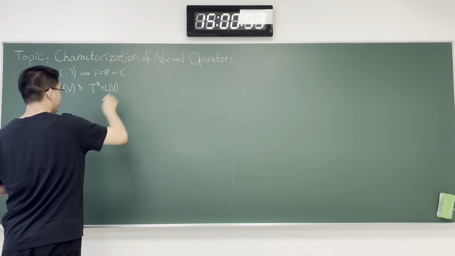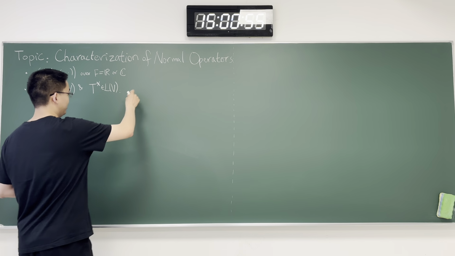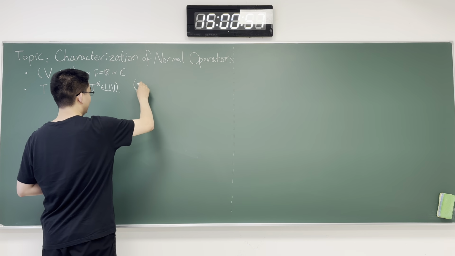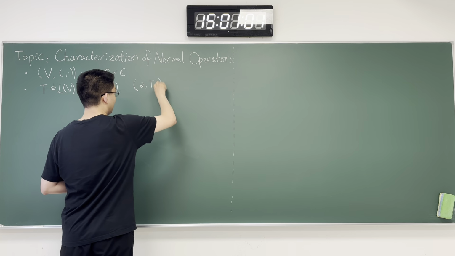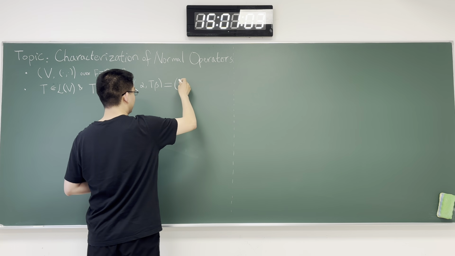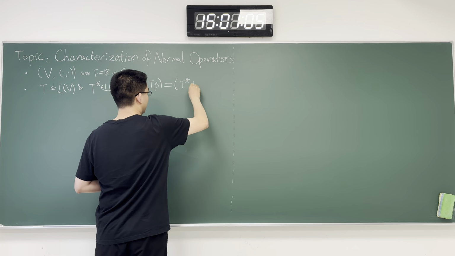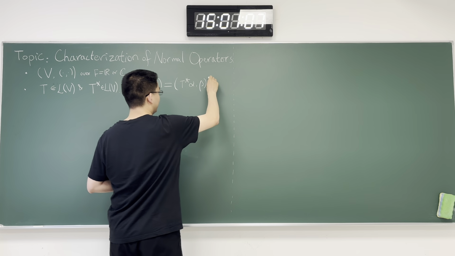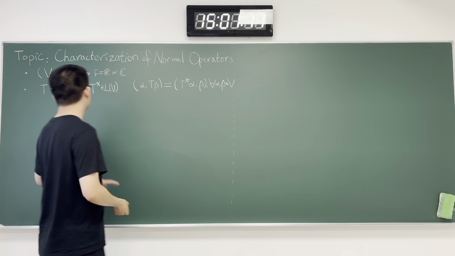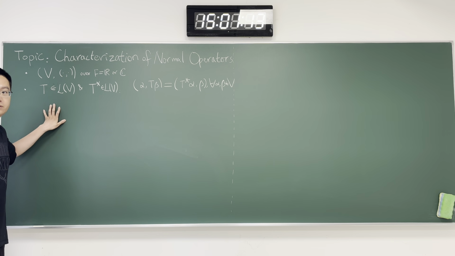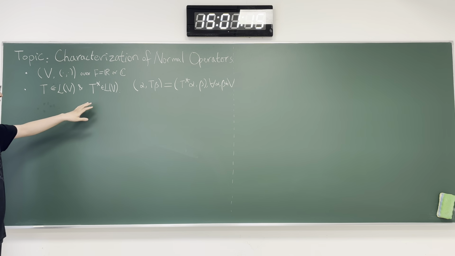That is the unique operator satisfying the following property: the inner product of alpha with T beta equals the inner product of T star alpha with beta, for any alpha, beta in V. So many basic properties of T can be studied via studying T star.